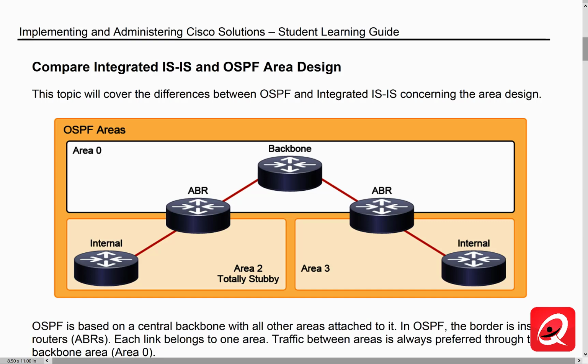The border between area 0 and the non-backbone areas is an ABR or multiple ABRs. We're not limited to just using one ABR. And then the interfaces themselves go into the area. So we would have at least one interface in area 0 and other interfaces that are not in area 0. All right.